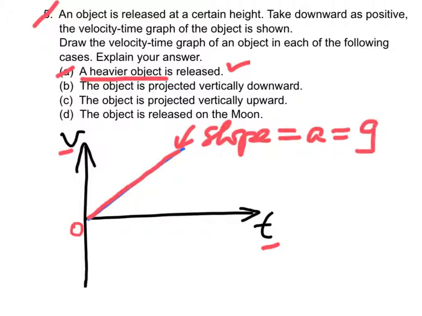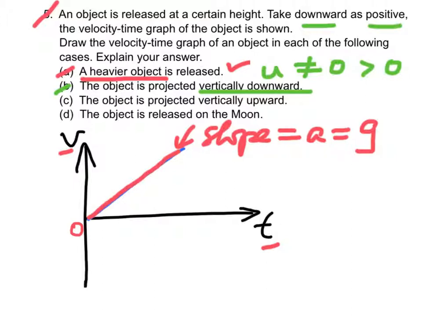For part B, if the object is projected vertically downward, that means the initial velocity of the body, u, is not 0, but in fact it is greater than 0 because downward is positive.